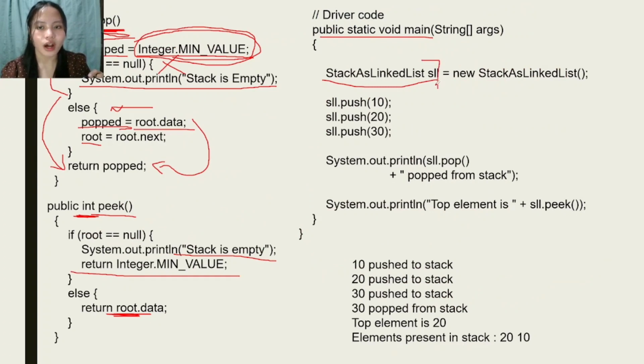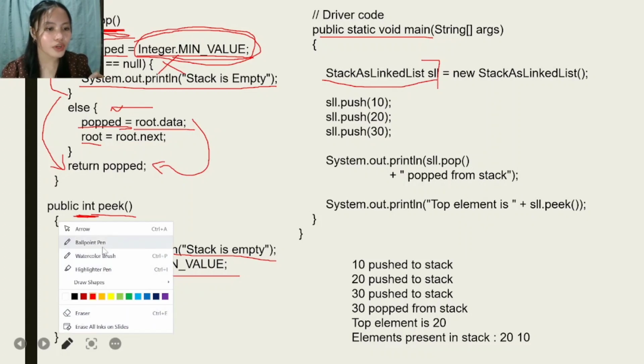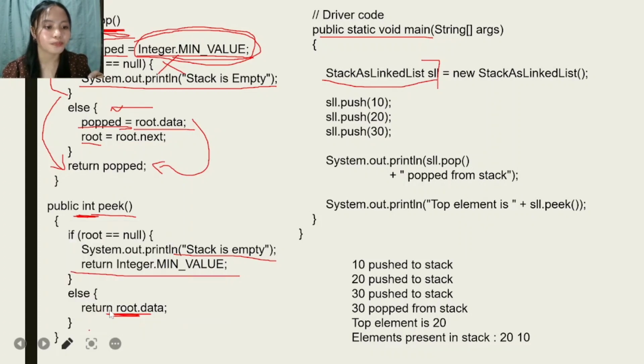Okay, object SLL. So that will be used for us to be able to access the members, the attributes, the functions that belong to our stock as linked list.